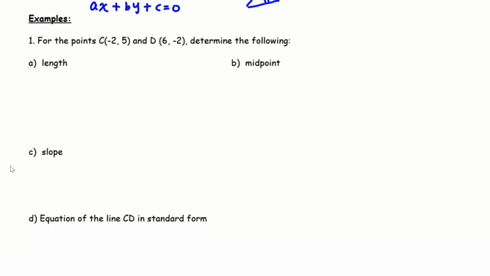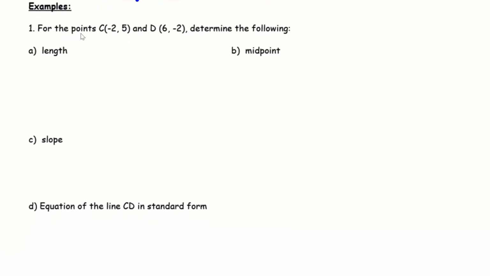Then example 1, for the 2 points C and D, determine the following, the length. The length between the 2 points is, if we just sketch the 2 points, -2, 5 and 6, -2.